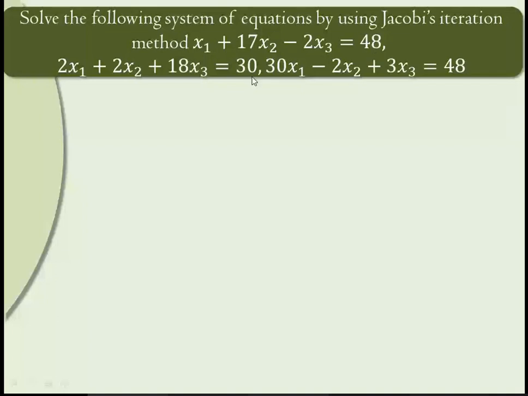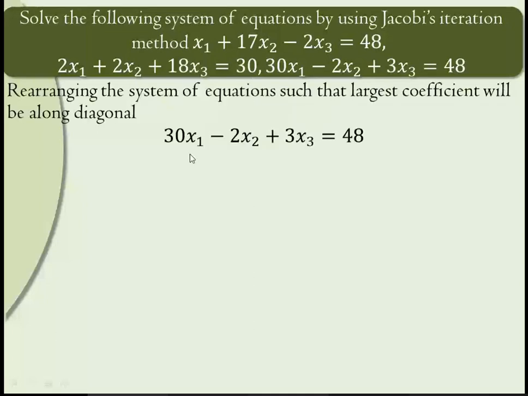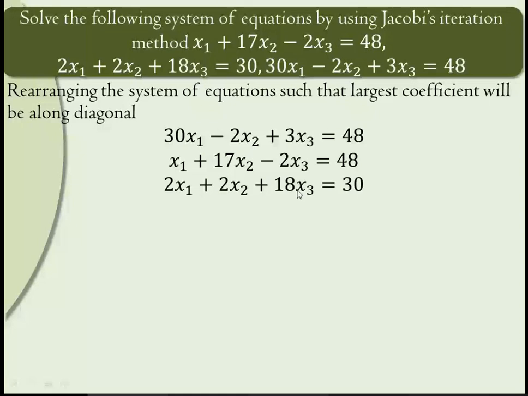So just rearrange the equations so that the first equation has the maximum coefficient of x1, the second equation has the maximum coefficient for the x2 variable, and the third equation has the coefficient of x3 maximum among all the other variables. This arrangement is very important. If we don't do this arrangement, the number of iterations will be more.